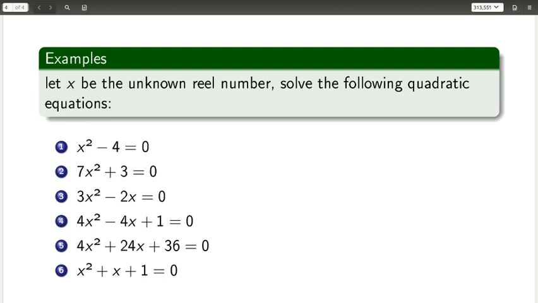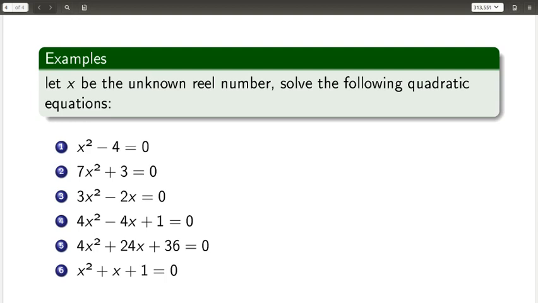In this case, the sum 7x squared plus 3 is strictly greater than 0, which means that the equation 7x squared plus 3 equal to 0 is not possible, because we proved that 7x squared plus 3 is strictly greater than 0, which means it can't be equal to 0. It's impossible.